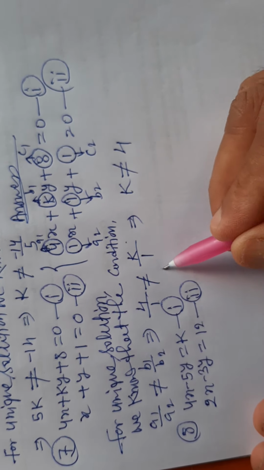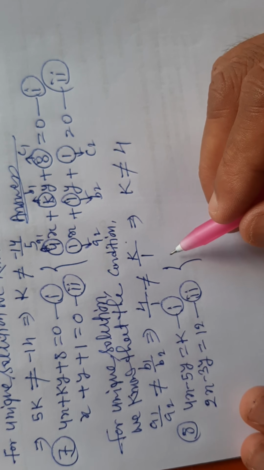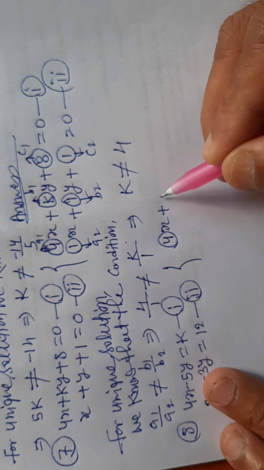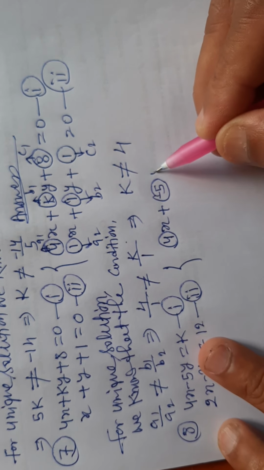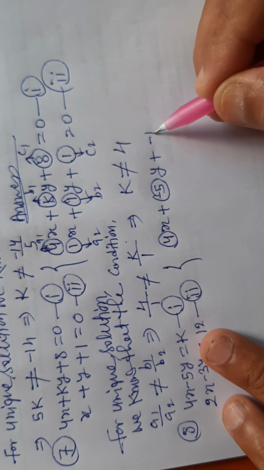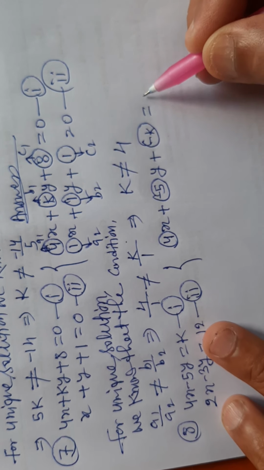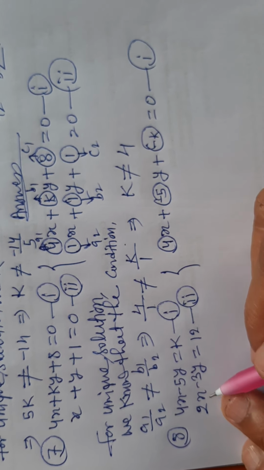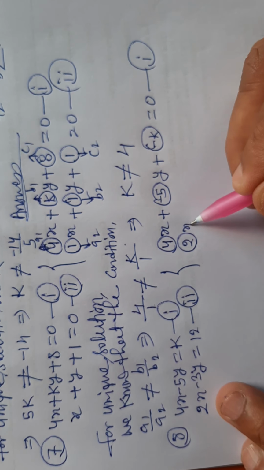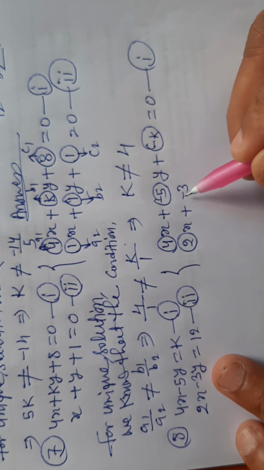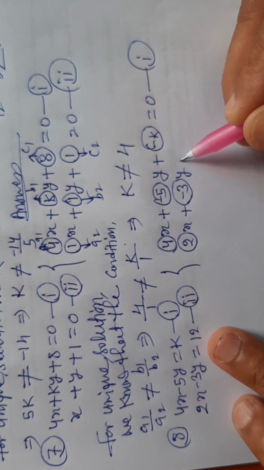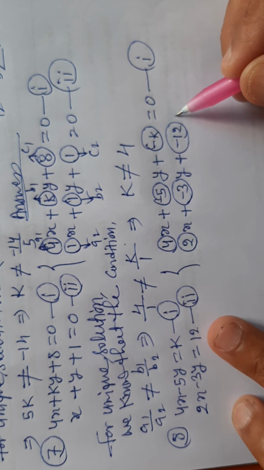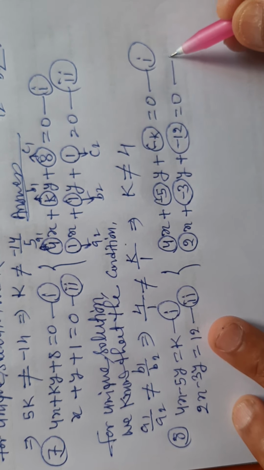We can write these equations as 4x plus minus 5y plus minus k is equal to 0. Equation 1. And equation 2, 2x plus minus 3y plus minus 12 is equal to 0. Equation 2.